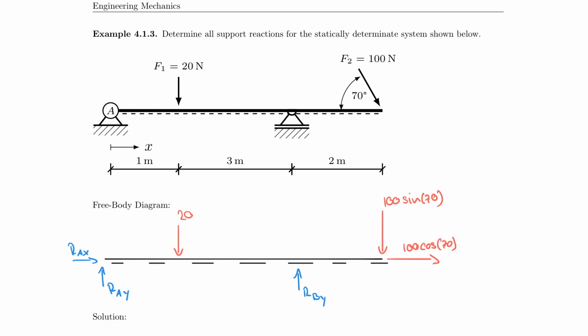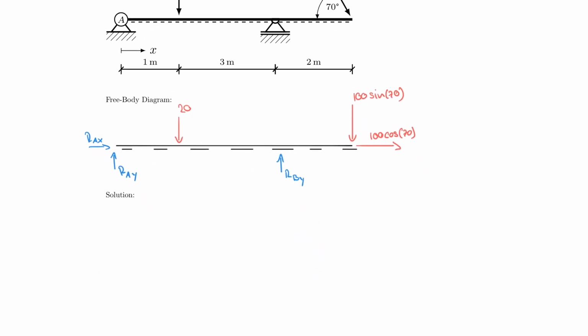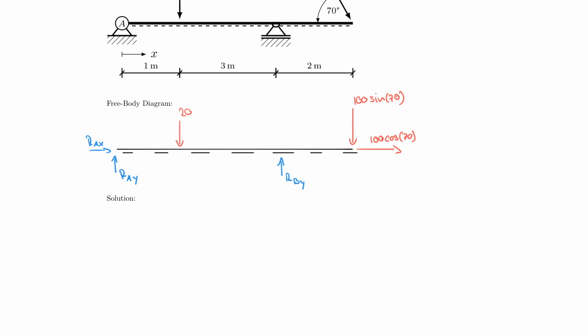And now I can use those to calculate my support reactions. Let's go ahead and do that. So I start in this case with the easiest one, which is RAX. So to find RAX, I use the sum of the forces in the x direction being equal to 0, positive to the right. And 0 is equal to plus positive RAX plus what's positive actually as well is 100 cosine 70.